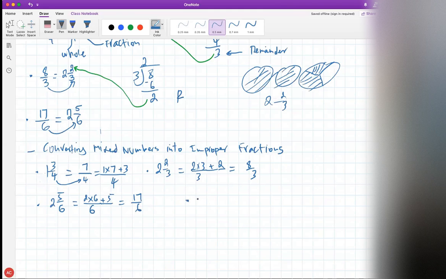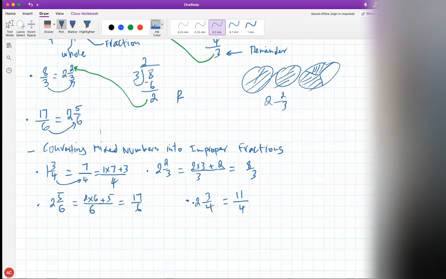Let's pick another random one. Let's say 2 and 3/4, for example. That's a mixed number, the whole part and the fraction part. What is this equal to as an improper fraction? 11 over 4, correct.